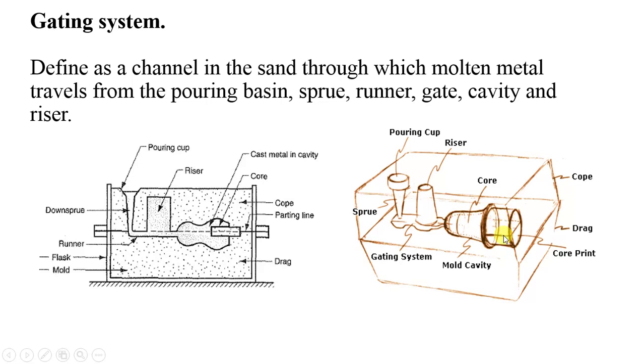As we have seen in the last lecture also, core print is generally used to support the core against thermal forces or buoyancy forces. Then this is a cope part and this is a drag part.